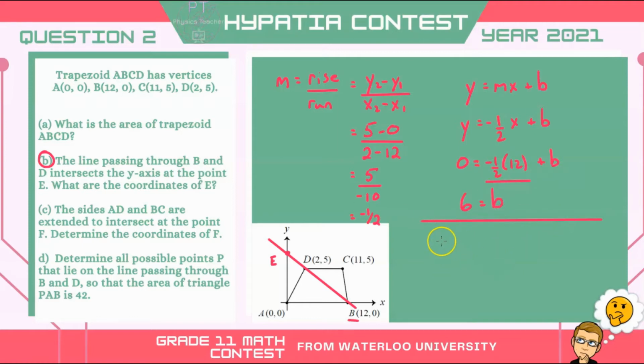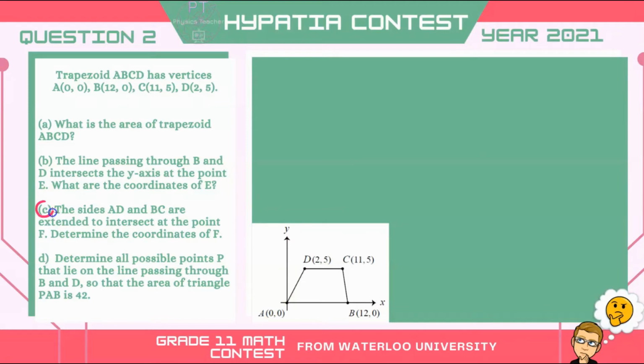So that means the equation of our line is y equals m, which is minus 1/2, x plus b, which is 6. So now to figure out what that y-intercept is for that line, we simply set our x-coordinate equal to 0 and solve for y. And so when we do that, we get 6. So point E will be at (0, 6).